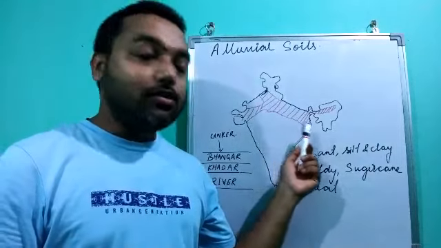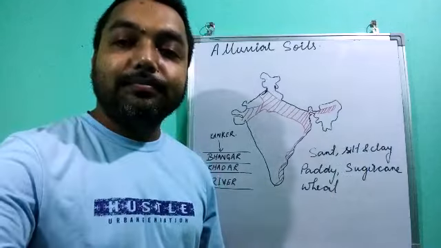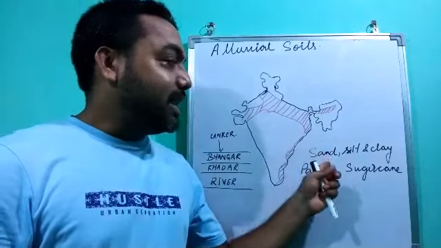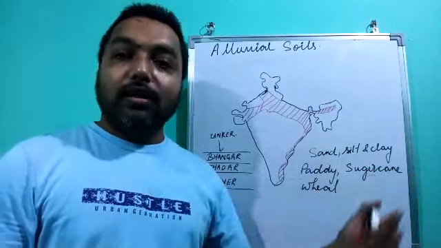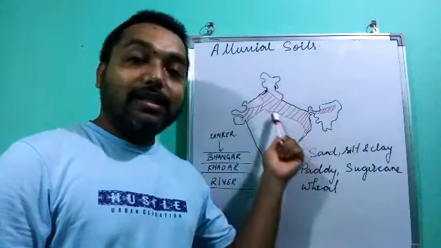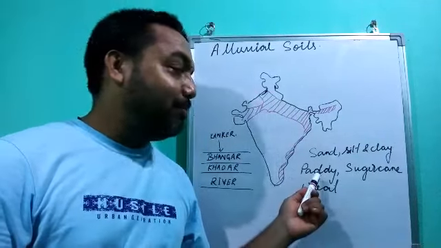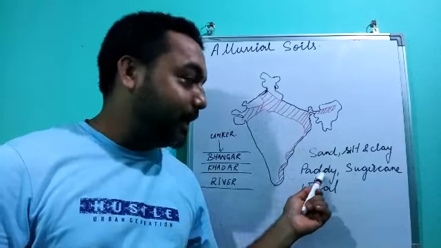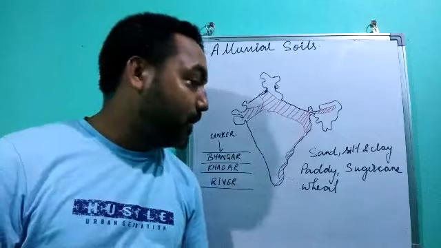This alluvial soil mainly consists of sand, silt and clay. These are the most important components that we find in alluvial soil. Alluvial soil is also most importantly good for cultivation of paddy. Paddy means rice, from where we get rice. Then sugarcane and wheat, from where we get flour.